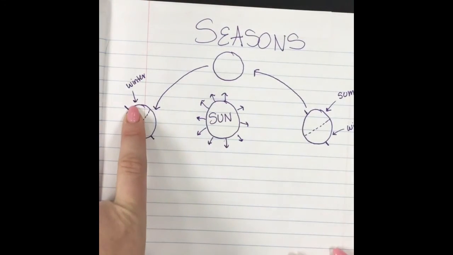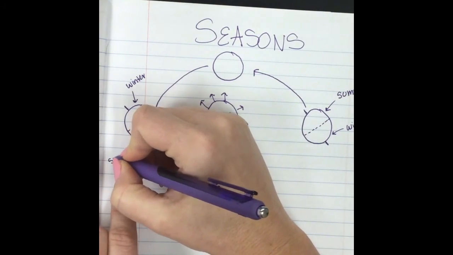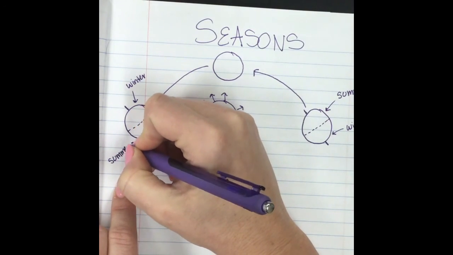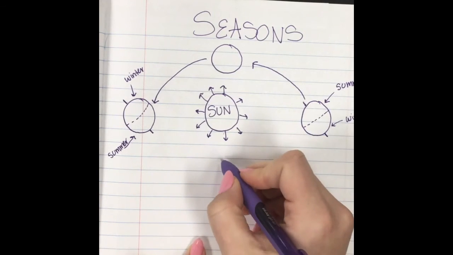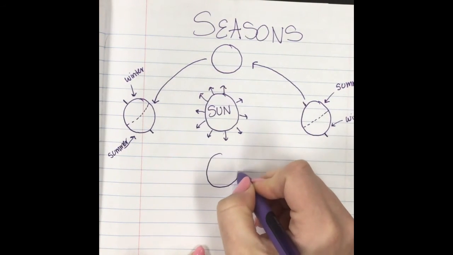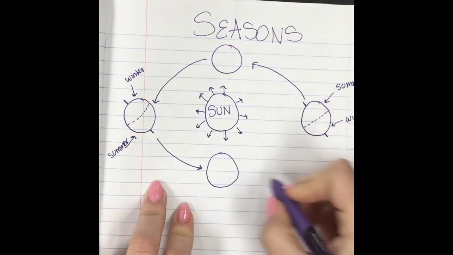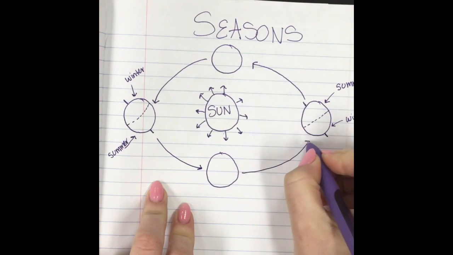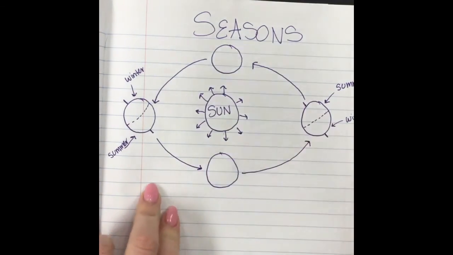And remember that they're opposite, so if we are in winter, the southern hemisphere is in summer. Now I'm going to go ahead and draw my fourth season down here. And my arrows to show that I know that the Earth is revolving in a counterclockwise direction.